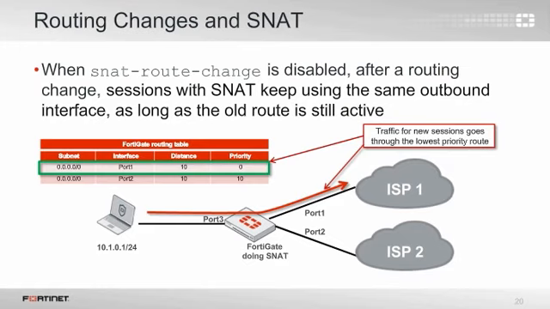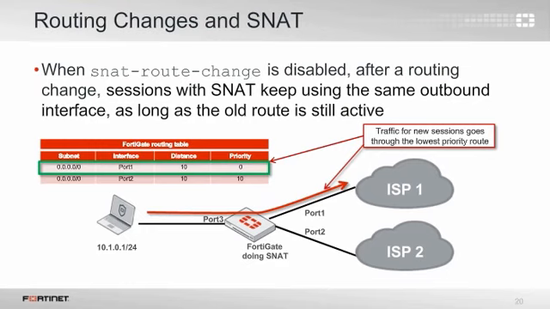In the example shown in this slide, FortiGate is connected to two different ISPs. A client with the IP address 10.1.0.1/24 is connected behind a FortiGate. The FortiGate is doing SNAT of the client traffic to a public IP address, depending on which ISP is using it.